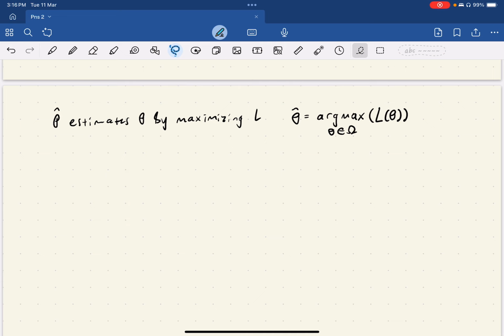So what this notation simply means is, from any value in the parameter space, take the value of theta, a member of the parameter space, that maximizes the likelihood function, which is a function of theta. So that is all in all what MLEs are about.